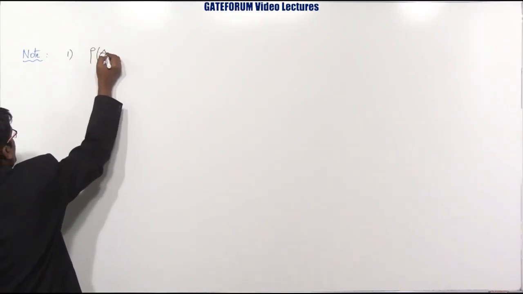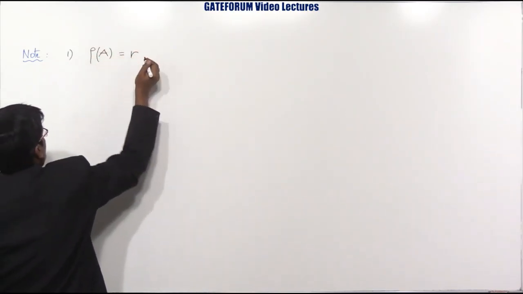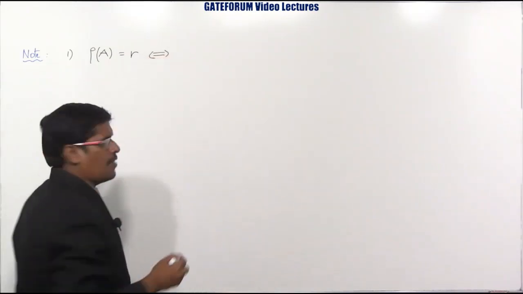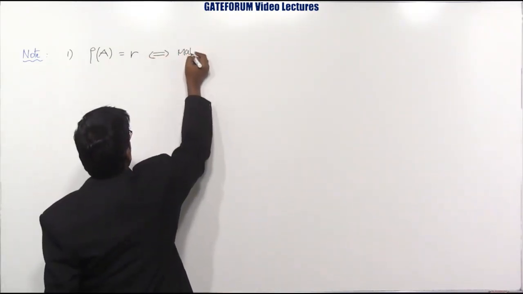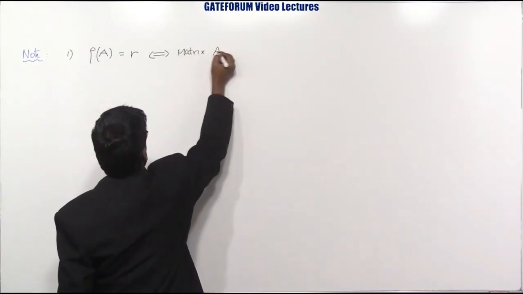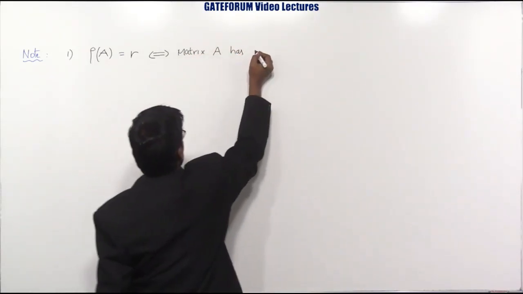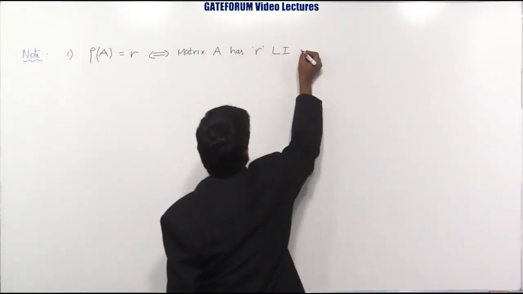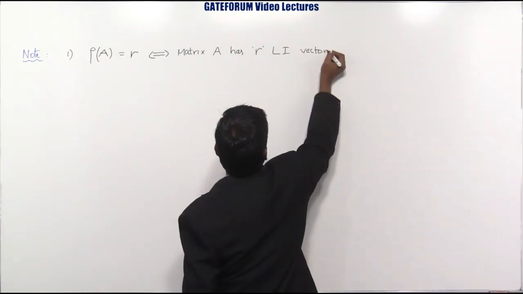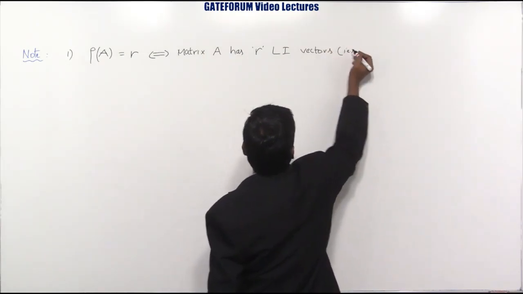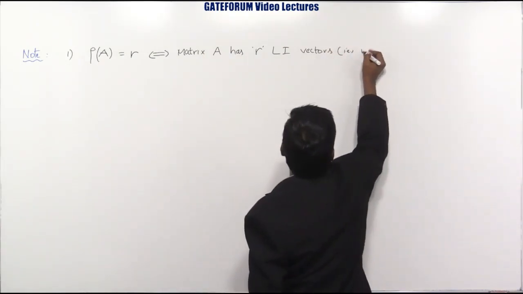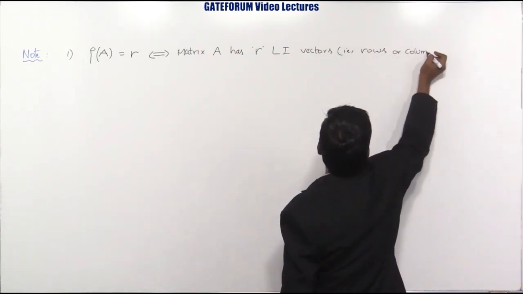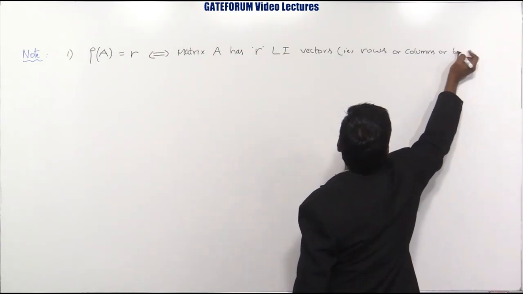Rank of a matrix A is equal to R if and only if matrix A has R linearly independent vectors, that is rows or columns or both.